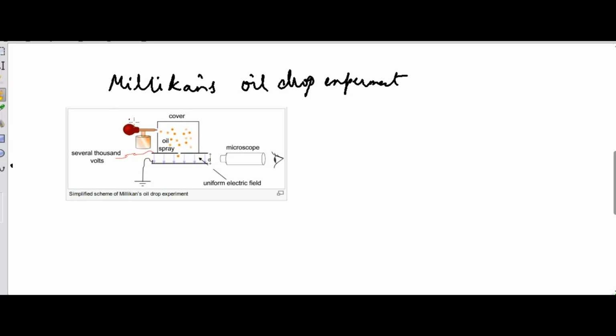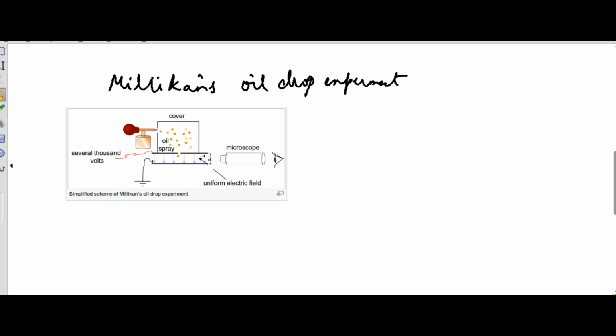So what Millikan did was he used this type of setup. There is a container here in which he is spraying oil droplets from here. The bottom of the container has a porous plate, and below that there is another plate.